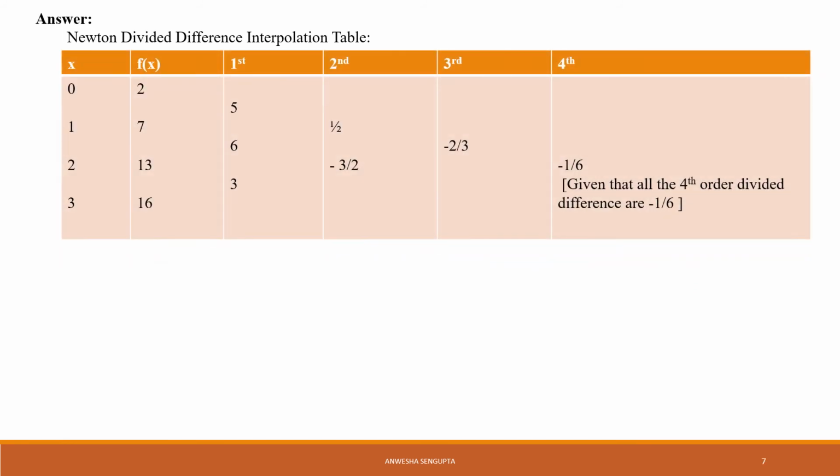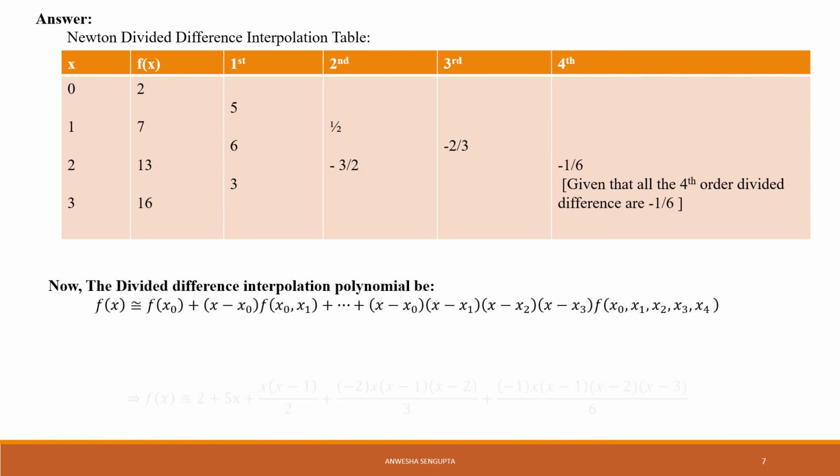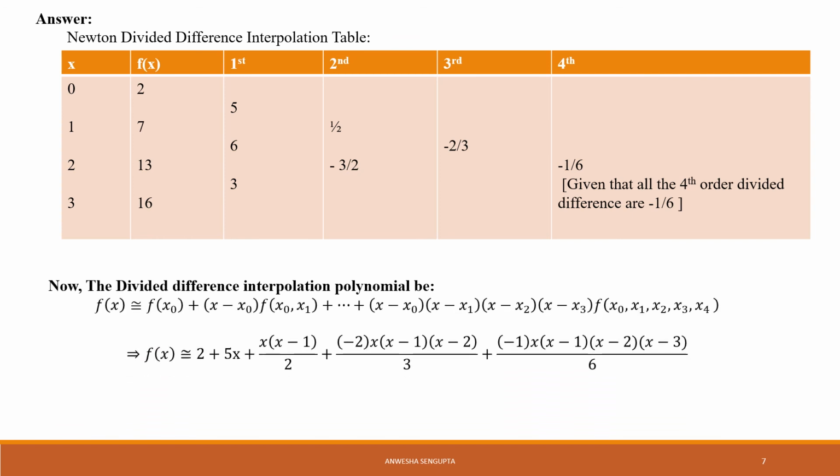Again we use the Newton divided difference table. From the table we can construct the approximated polynomial. So f(x) is approximated by f(x0) plus (x minus x0) into f[x0, x1] and so on, up to (x minus x0)(x minus x1)(x minus x2)(x minus x3) into f[x0, x1, x2, x3, x4].